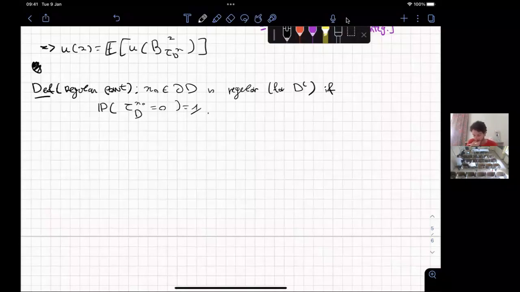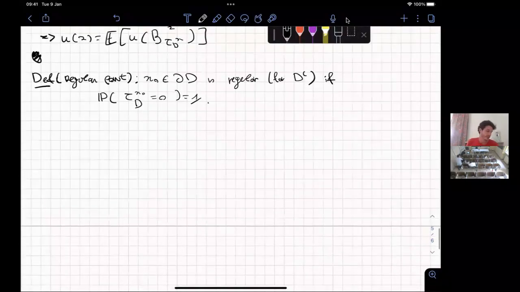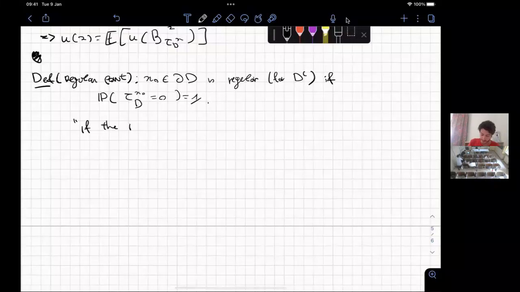Written this way it is terrible, but what does it mean? It basically says that if the Brownian motion starts from x0, then it leaves the domain in a time of size epsilon.